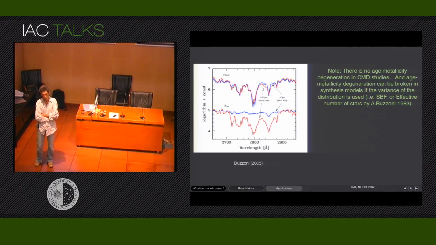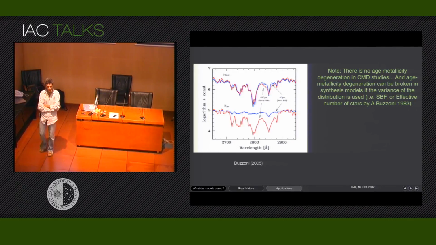So the point is that those are, to some extent, the less well-known stars. These are the effects that count at the end, and the power to constrain the age and the metallicity becomes diluted.